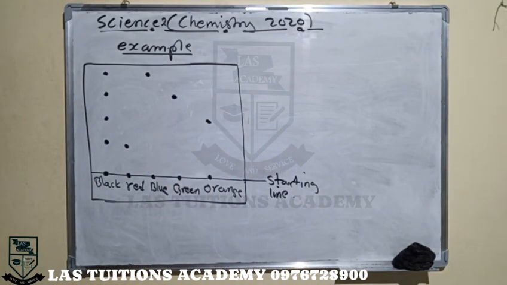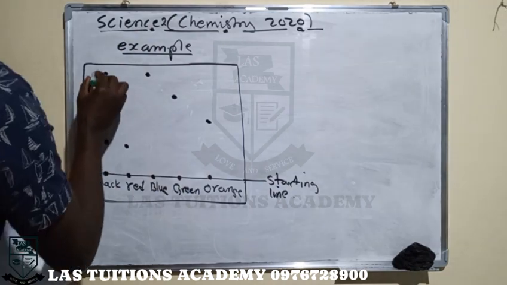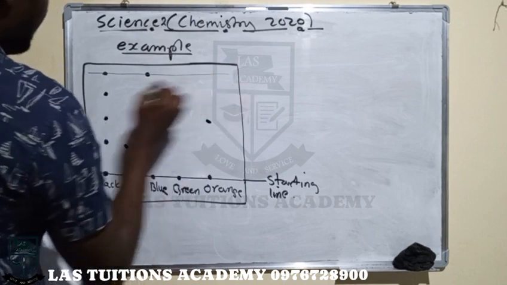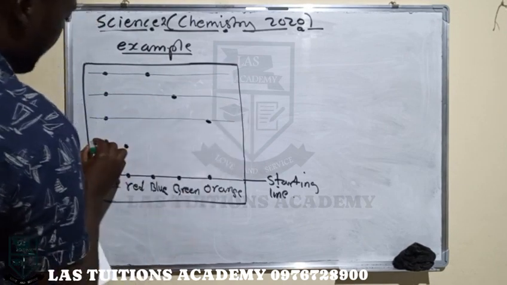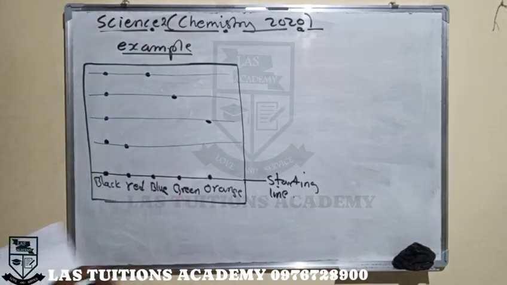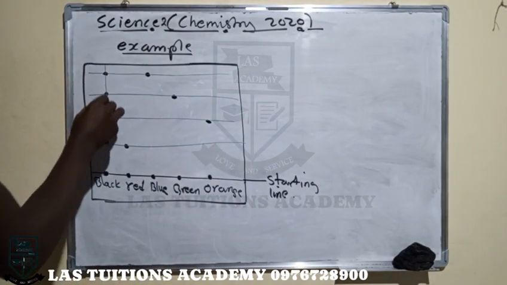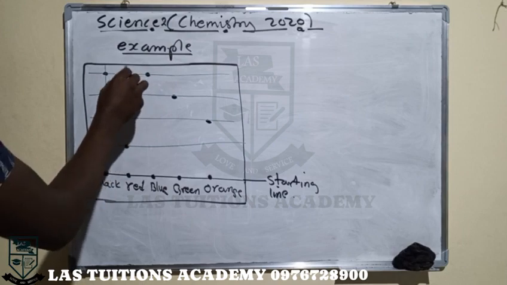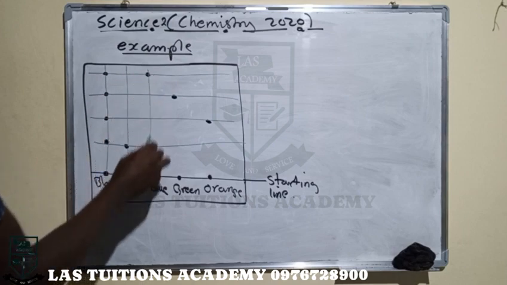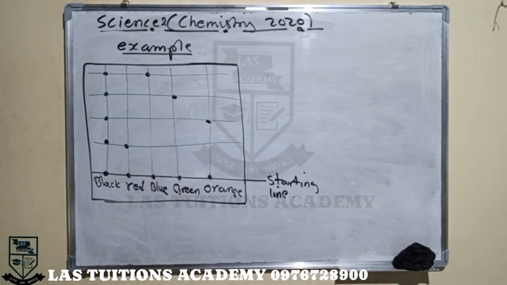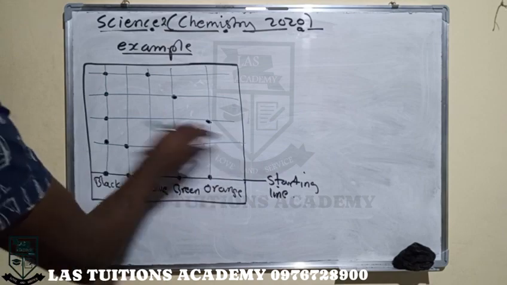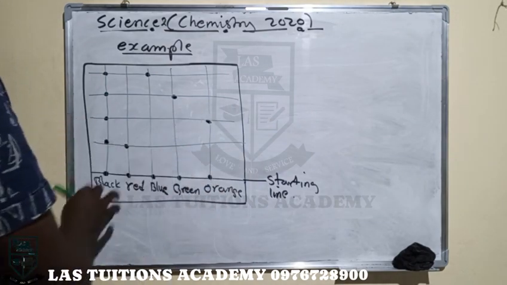Okay, so now if you check properly here, you see that these are on the same line, these are on the same line, and that's the line also. If we do it like this, we'll see that we have that, we have that. Those lines are not necessary, but I'm just showing how we match the levels, to say this one has gone to that level, same as that one, and so on.